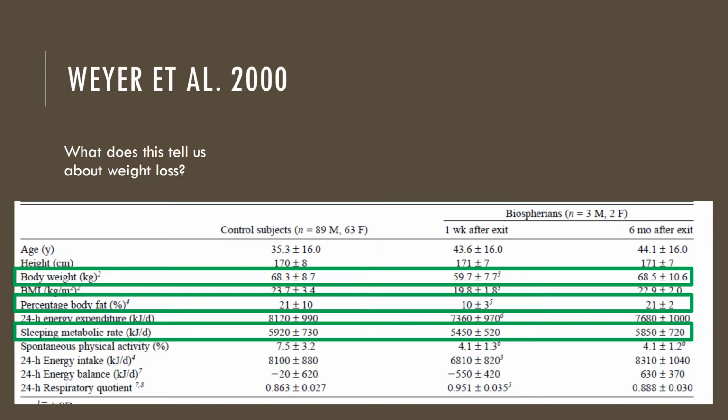And then their metabolic rate, this is the really interesting piece, is that they burned 5,450 kilojoules per day. 6 months after exit, it increased another 400 kilojoules. So what we see is that exposure to this starvation level of food supply, not surprisingly, drops your body weight, drops your percent body fat, but it also drops the metabolic rate.